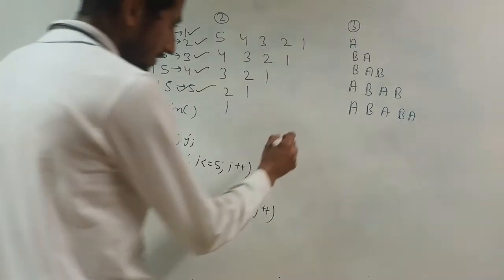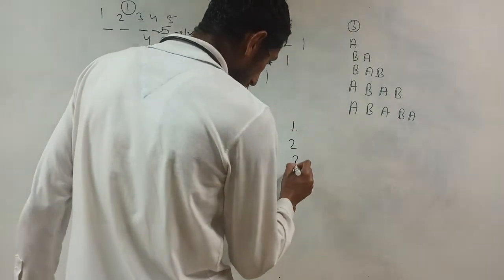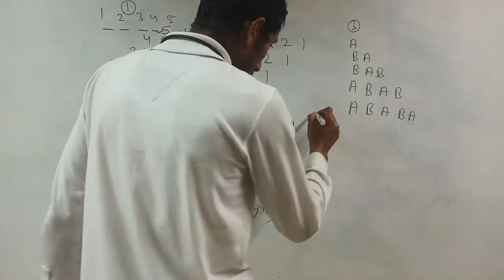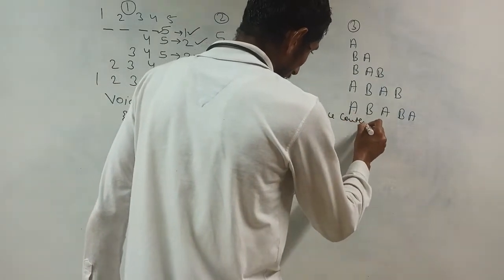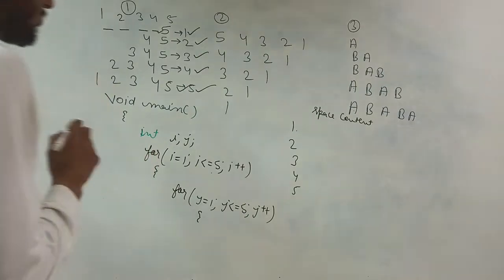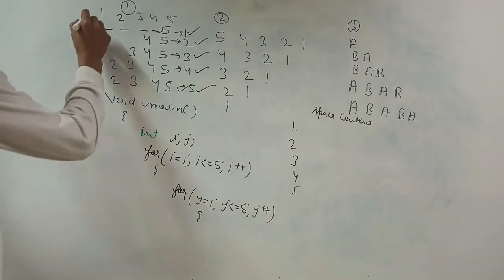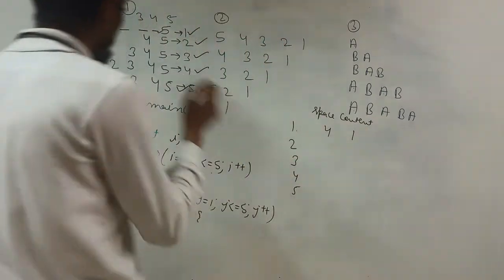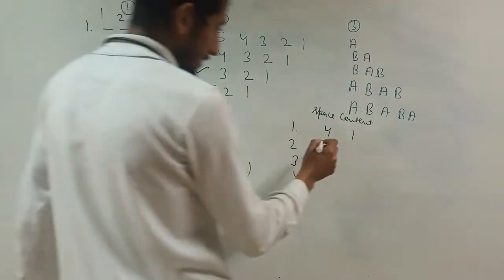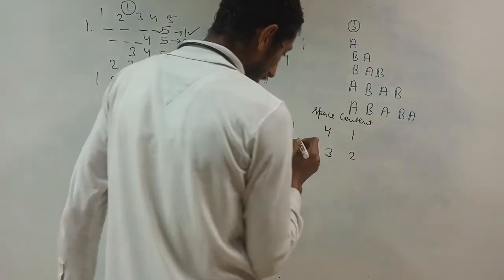So let me again build the logic. 1, 2, 3, 4, 5. How many spaces do I have to print and what is the content? If you look closely, in row number 1, I have 4 spaces and 1 content. Row number 2, I have 3 spaces and 2 content.